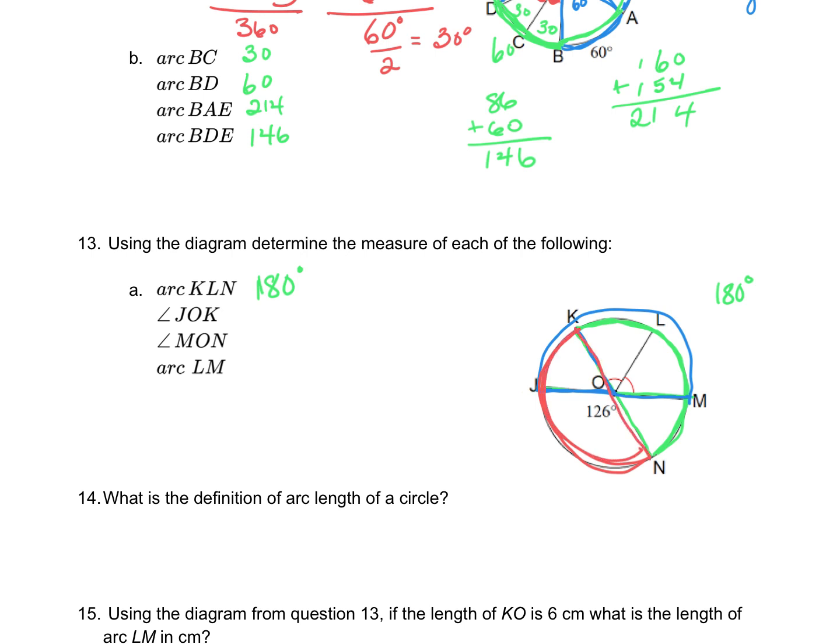Okay, so if you notice, I have JON, this is 126. So if I take the difference, 180 minus 126, I can get the measure of JOK. So 180 minus 126 gives me 54.